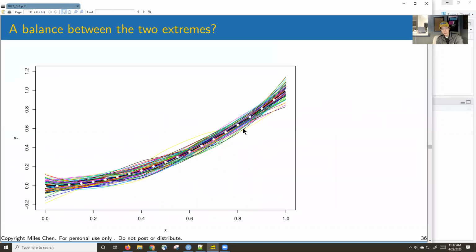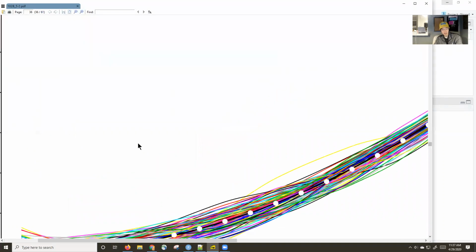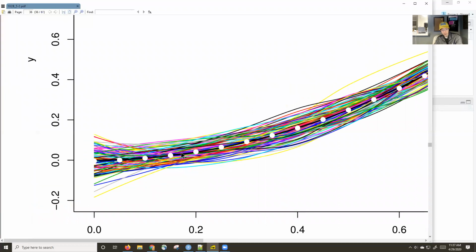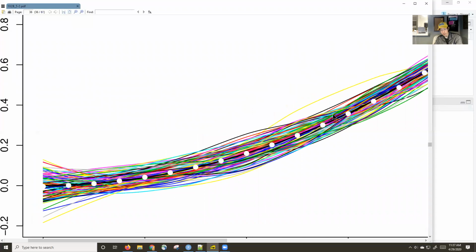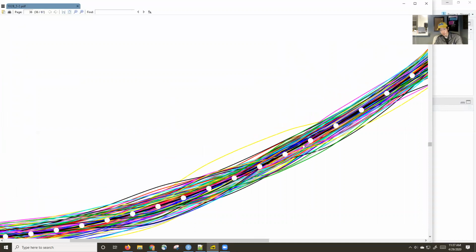And ideally, we want to achieve some kind of balance where we have low bias, not too much bias, and not too much variance. So this would be a Loess curve with something in between. In this case, the average values, these white dots, fit the true relationship quite well.